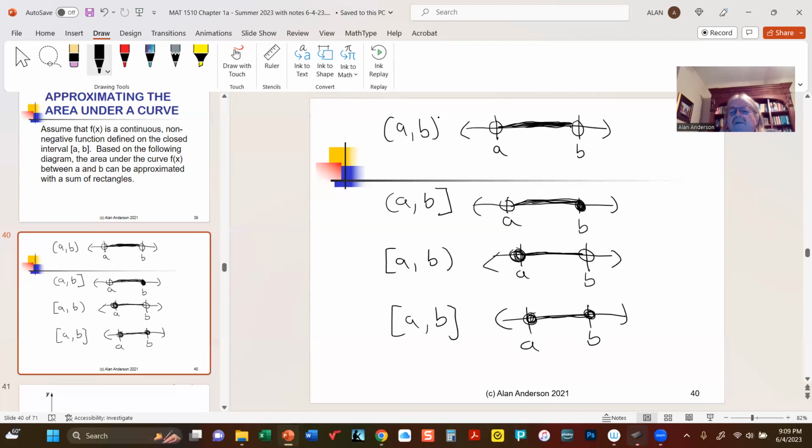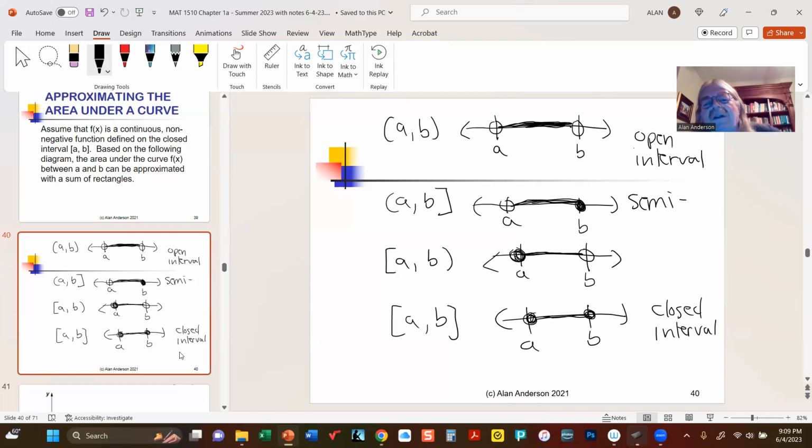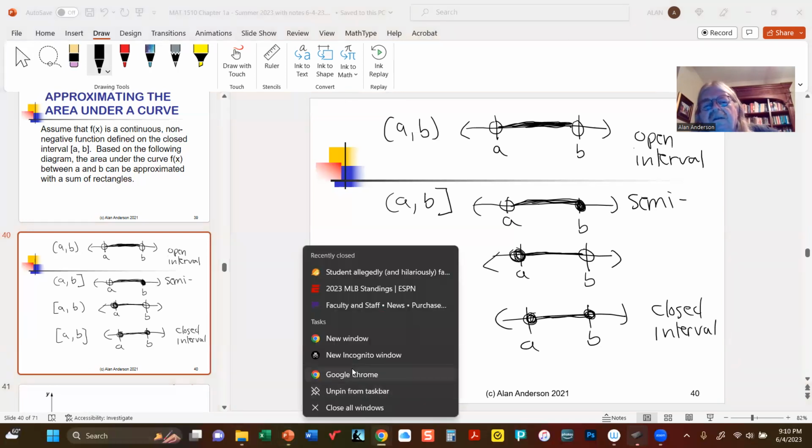This is often referred to as a closed interval. This is an open interval. And depending on what book you're using, this one is sometimes called semi-open. When you come right down to it, it could be either semi-open or semi-closed. I'm not sure which one the book prefers.